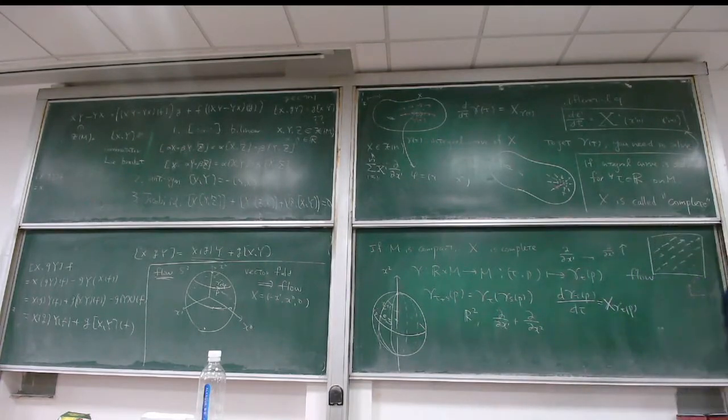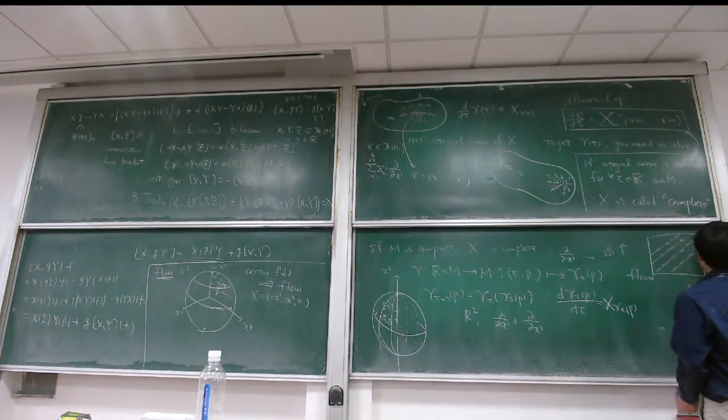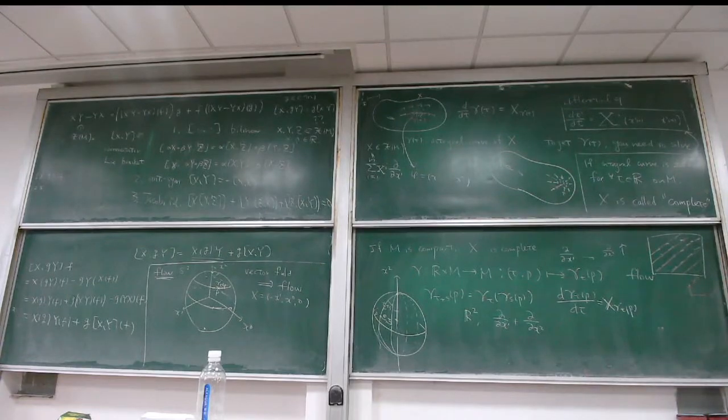And then what is the flow? What is the flow of this vector field? Just flow to that direction. It's called translation. So translation to the diagonal direction. The flow is this translation to the diagonal direction, to distance t. So gamma of t of p, you just start at the point p and go to the distance t.